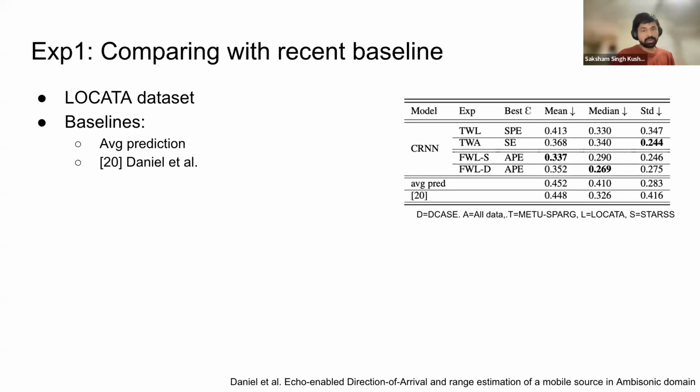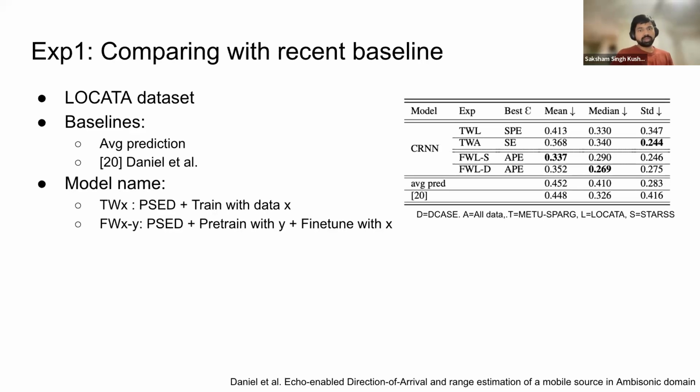And FWLS is a model that is initialized with a sound detector and then pre-trained with STARSS and fine-tuned with Locata. Here, the best epsilon refers to the best loss function that we found.